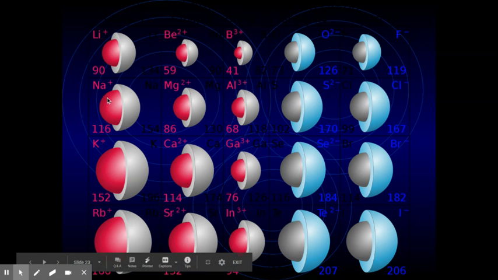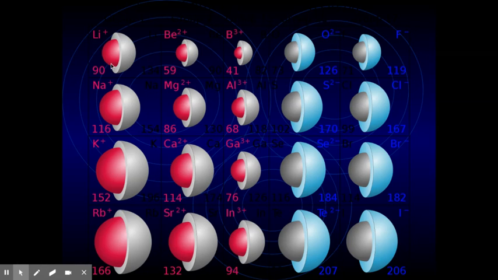So if you look at your periodic table, look at row 2, right? You've got lithium. So here are your electrons in that S cloud, right? You go to beryllium. You've added a stronger positive and you've added another electron in the cloud. So it's going to pull a little tighter.